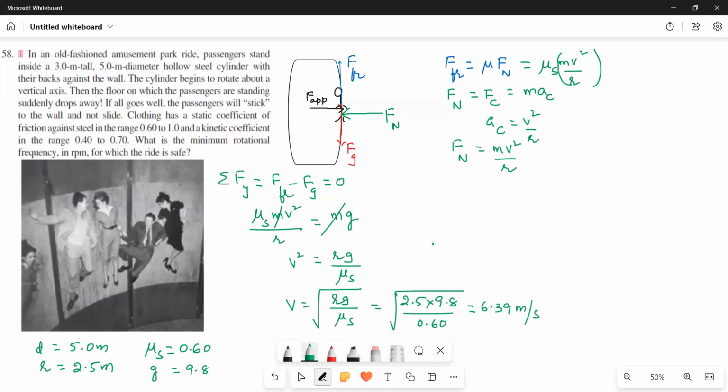Now he is asking us to find the frequency. We know v is equal to distance over time.